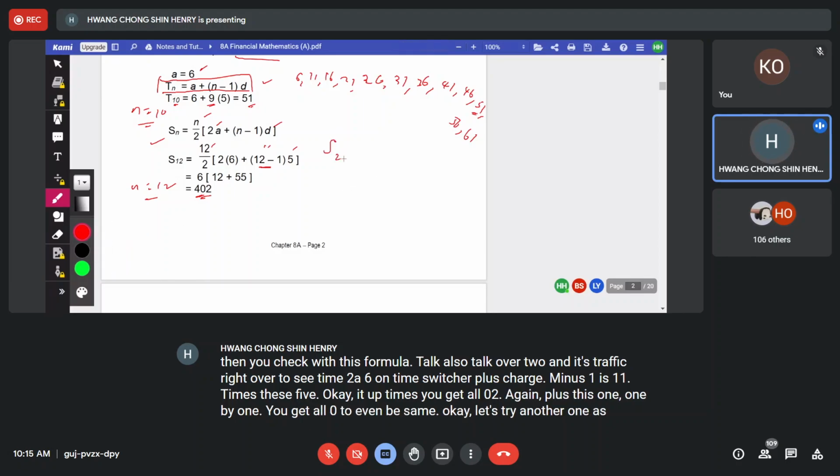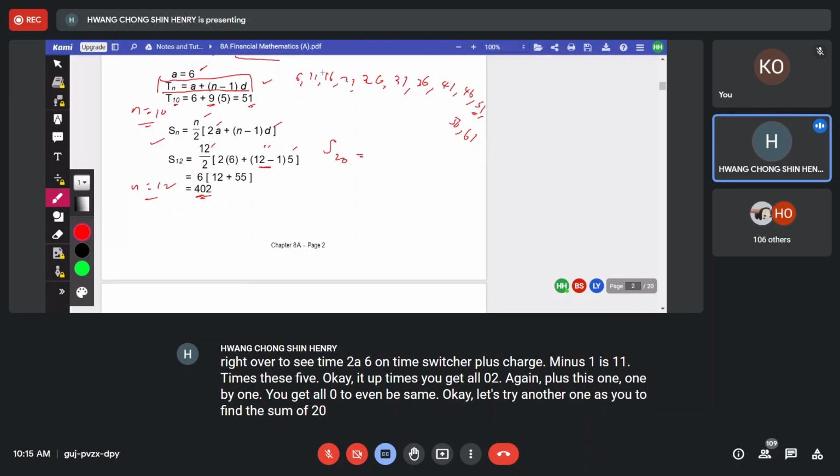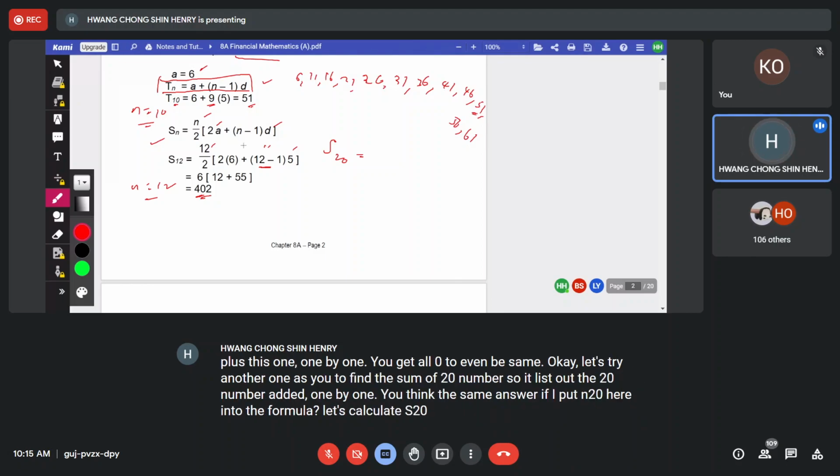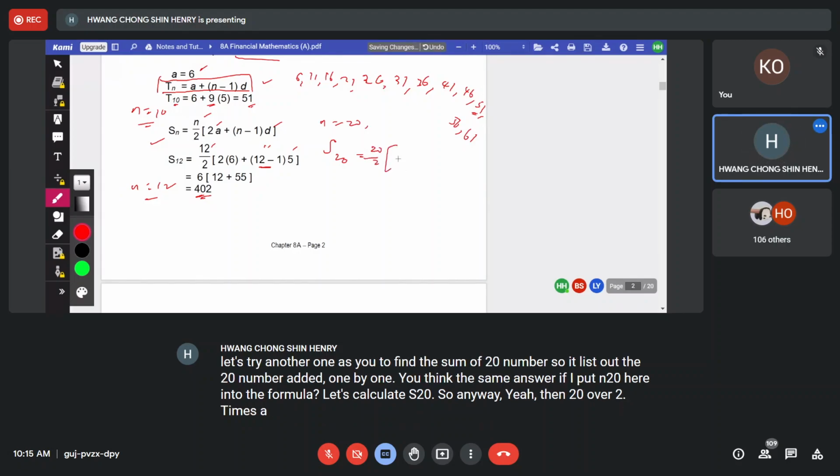Ask you to find the sum of 20 numbers. So you list out the 20 numbers, add it up one by one. You think it's the same answer if I put N as 20 into the formula? Let's calculate S20. N here is 20, then 20 over 2, times 2 times A, which is 12, plus 20 minus 1 is 19, times D is 5.